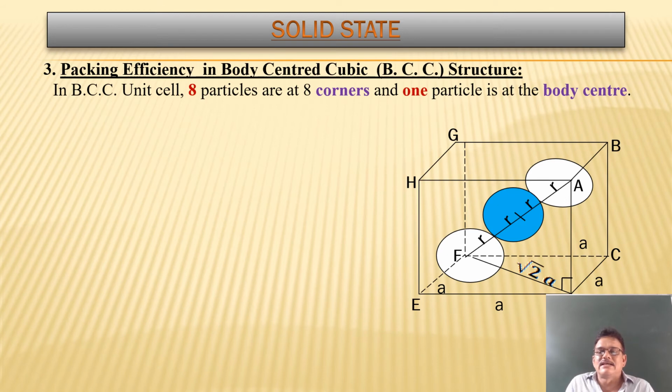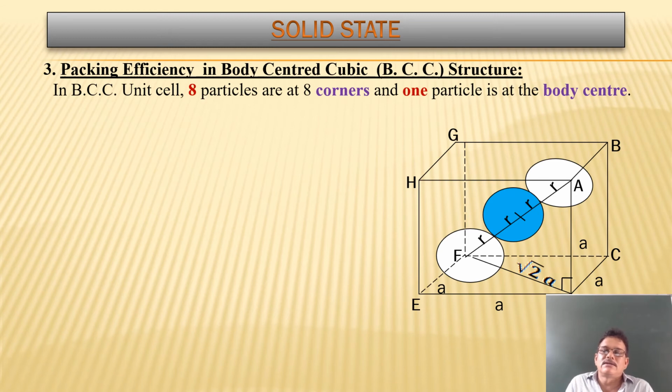We can't see it on a face, since we are joining opposite corners like A and F. In the same way, if we join G and D, we will get another body diagonal.